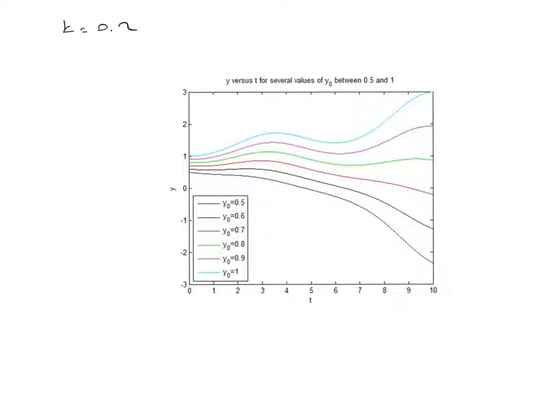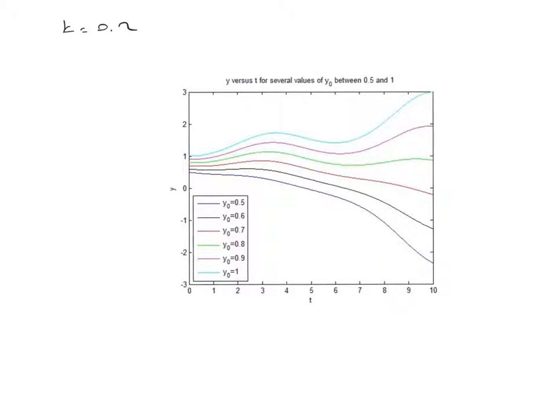In this graph we see the solution for different y0 values where k is equal to 0.2. The blue color represents the solution for y sub 0 is equal to 0.5, and the black color represents the solution for y sub 0 is equal to 0.6, and so on and so forth.